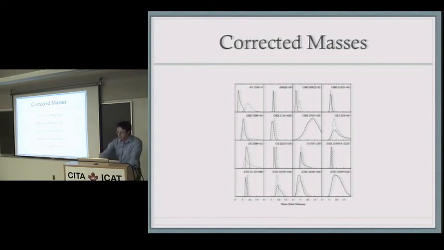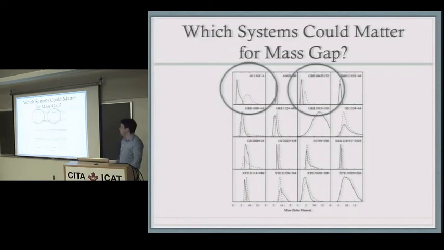And the dotted lines here are the uncorrected, that is not observationally modeled systems. And the solid lines, in particular the solid lines in these two systems, are the corrected values. And you can see that these two systems went from having masses that peak somewhere in the 5 to 10 range to having masses that are between 0 and 5. That is, they moved straight into the mass gap.